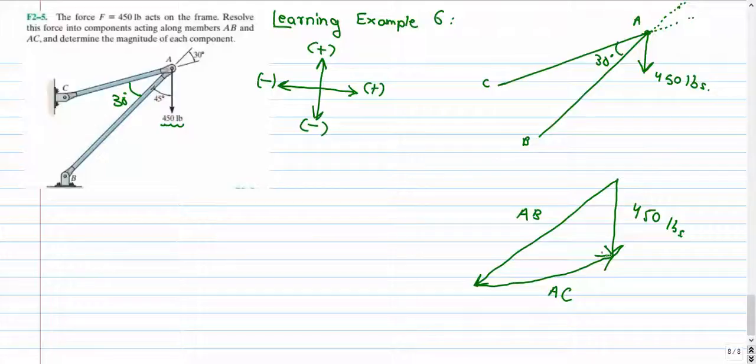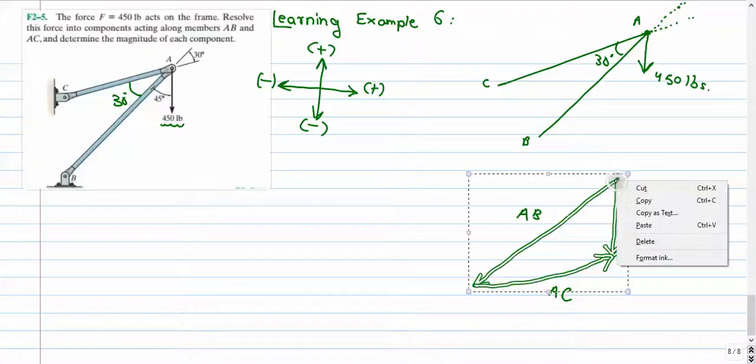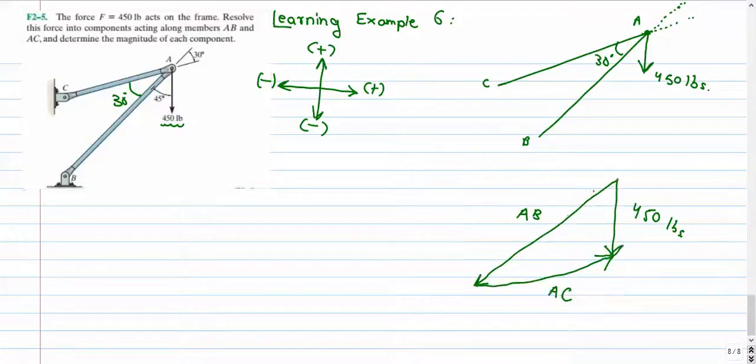So this makes a complete triangle. And be careful that you need to follow the head to tail rule, which basically means that the resultant vector should start from the tail of the first vector and should end at the tip of the second vector, just like here in this triangle.